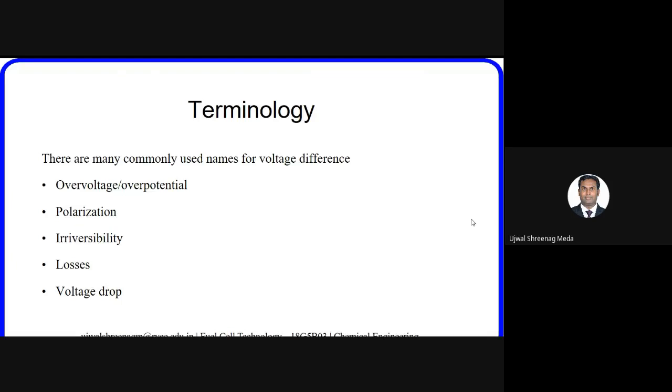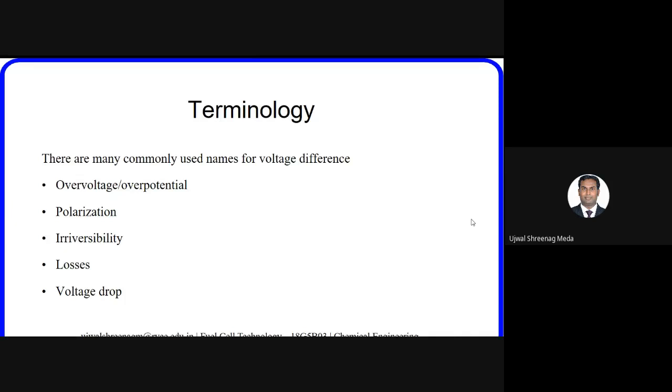Chemists, electrochemists, electrical engineers, chemical engineers, mechanical engineers or technologists from different disciplines have a definite role to play in these fuel cells. And each of these disciplines has its own terms to explain the same concept.